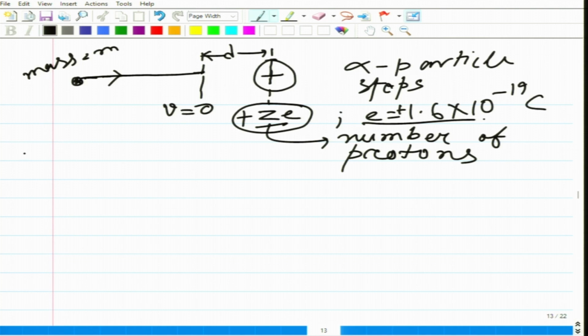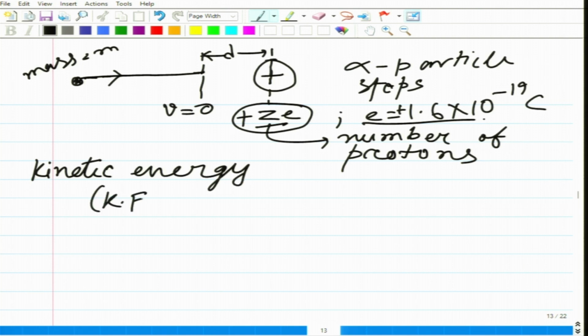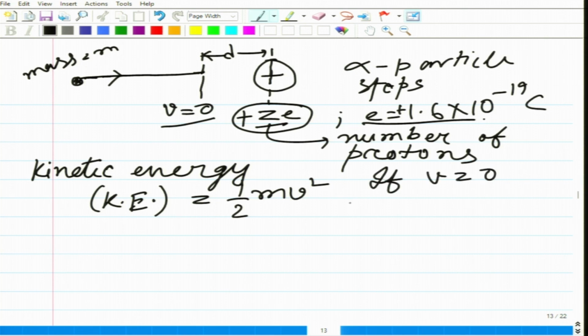If v is 0, we know that when a particle is moving, it has kinetic energy. KE is written as half mv square. Now at this point, if v is 0, then kinetic energy will also become 0.